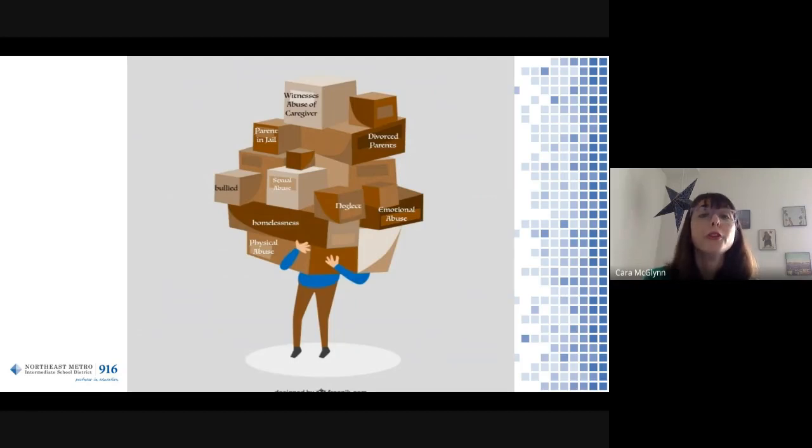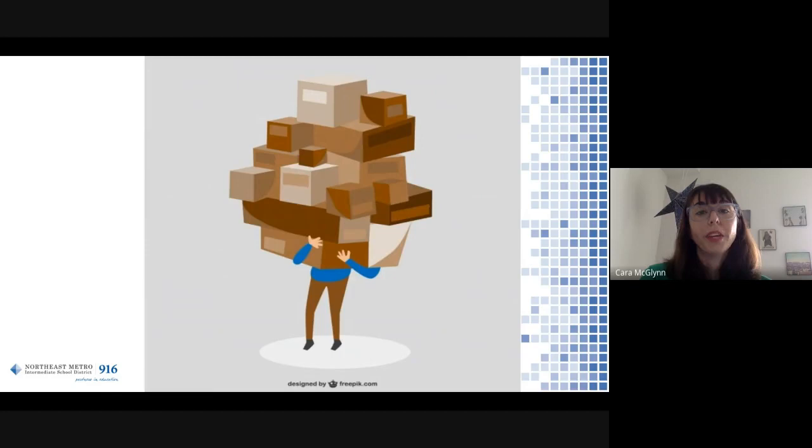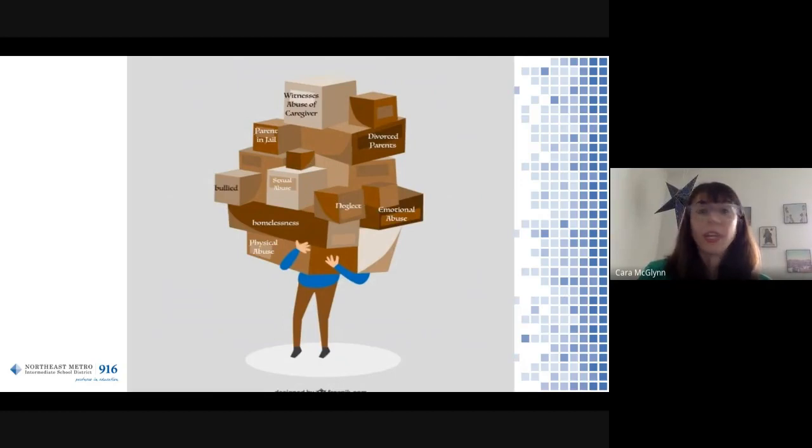It's a lot harder, though, to offer the capacity to hold things in this scenario versus if these were just physical boxes that we could see. So here it's more the imaginary scenario of them trying to carry the heavy load of a lot of adverse childhood experiences.